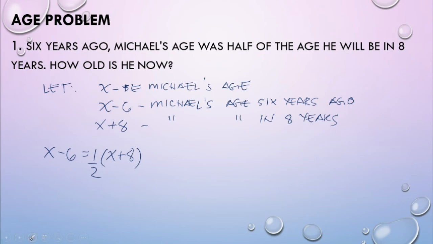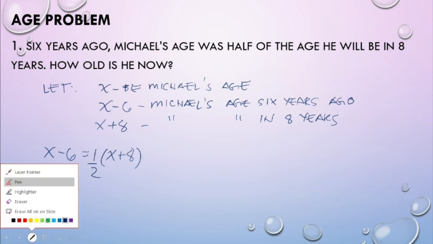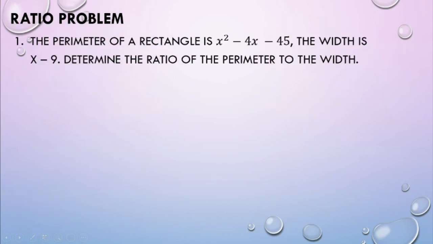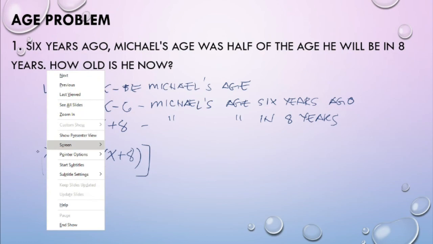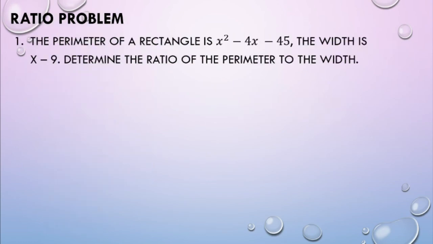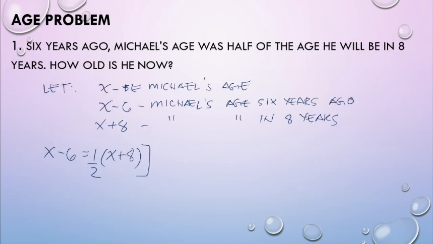Okay? So, ito madali lang to. So, since isa lang naman ang denominator natin, we can just use that denominator to remove. Okay? So, we can just multiply both sides of the equation by 2.